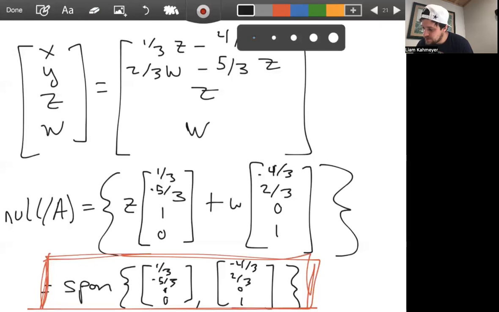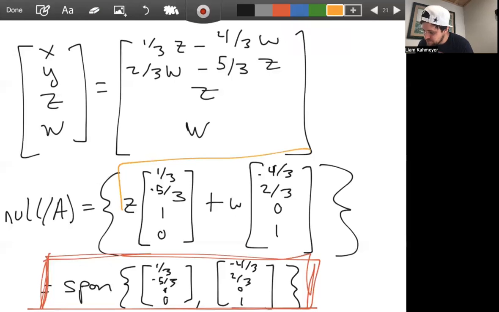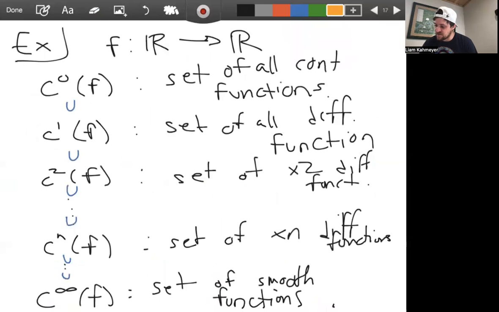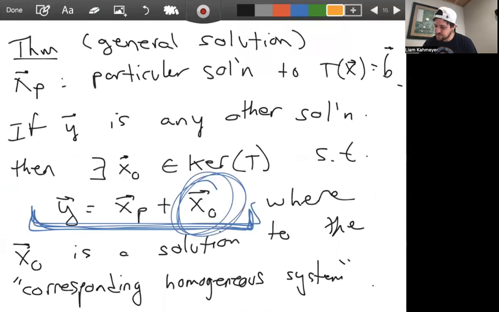This is exactly your family of vectors x naught here. In the language of the theorem we stated earlier, the vectors that are the elements of the null space are exactly these x naught here, right? They are elements of the kernel.